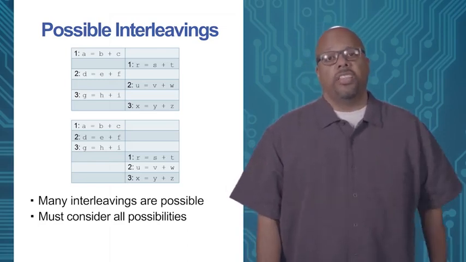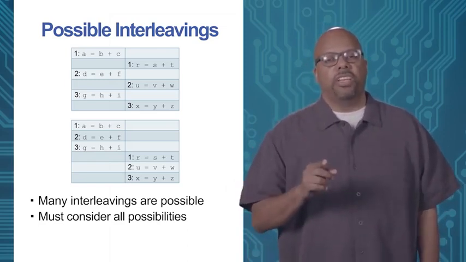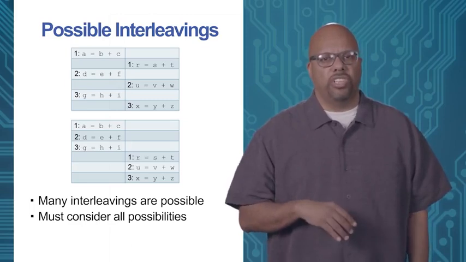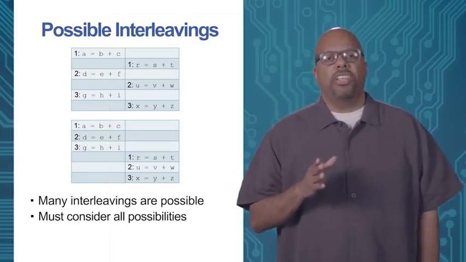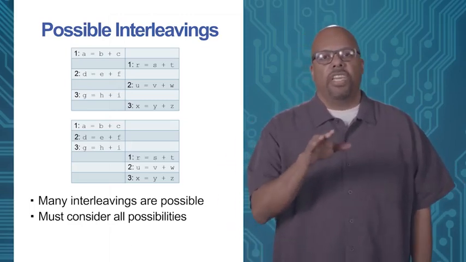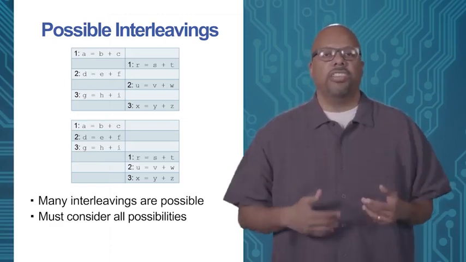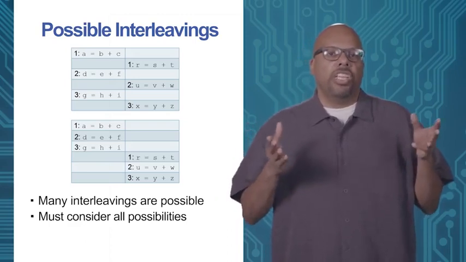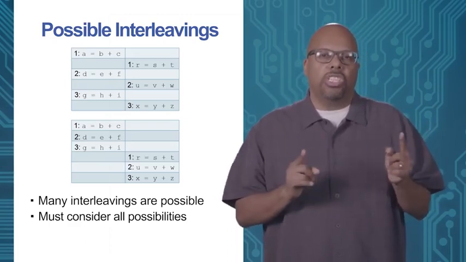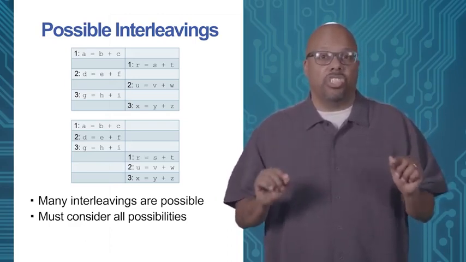Now, one other thing I'd like to mention is that the interleaving problem is even a little more difficult because the interleaving doesn't happen at the level of the C code or Go code. You write these instructions, let's say these are Go instructions, but the interleaving isn't happening at the Go instruction level. It's happening at the machine code instruction level.